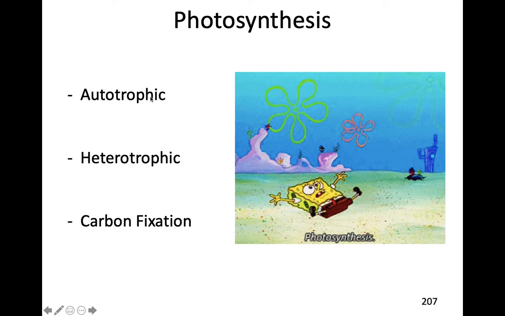Hopefully this is review for you from Gen Bio 1. Also remember that animals require other organisms to provide their food, and therefore they're considered heterotrophic. So plants are autotrophic, and some bacteria that we're going to talk about, and animals are heterotrophic.